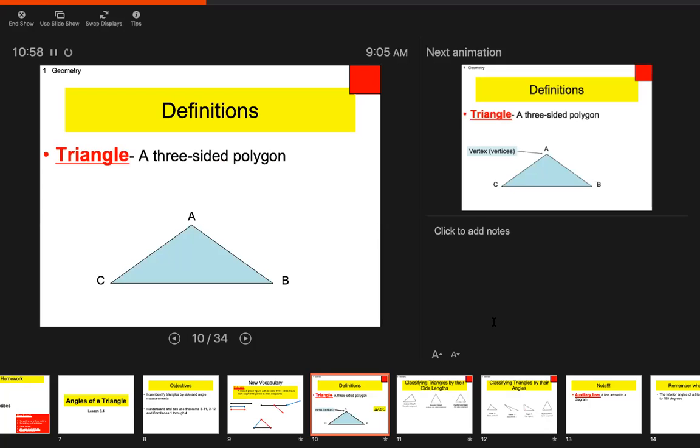3-sided polygon. Now, Bailey, what do you remember? How do we name triangles? What's the name of this triangle? Karis, you remember? BAC, is she right? She is right. How do we name any polygon? Pick a letter, any letter, and you go either clockwise or counterclockwise.